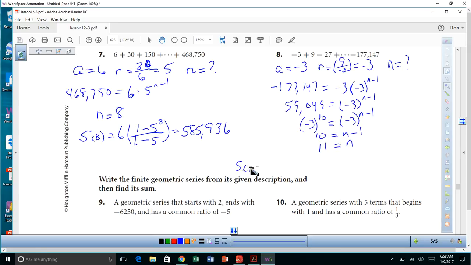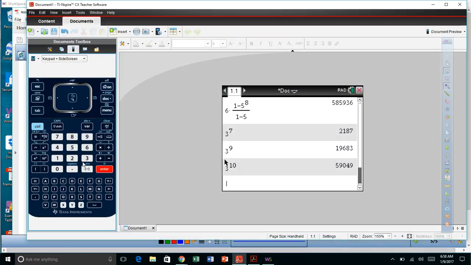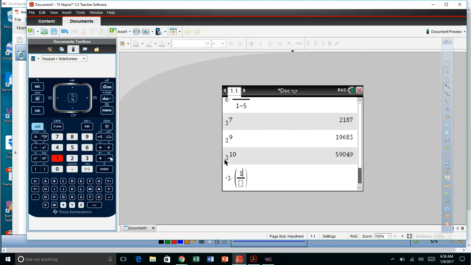So S to the 11th will equal, we got -3 times 1 minus -3 to the 11th power over 1 minus -3. And let's see, what do we get? -3 times, open parentheses, and then 1 minus -3.